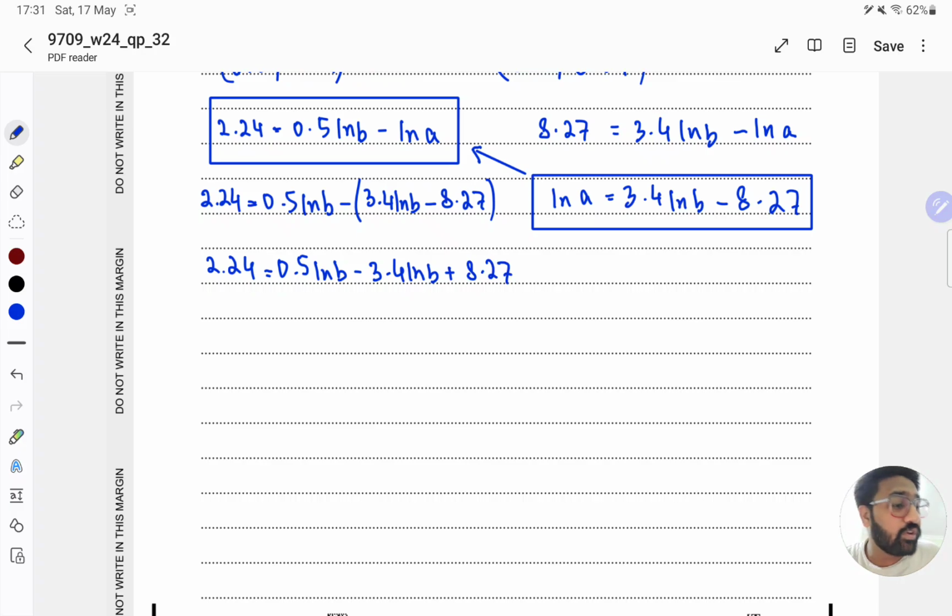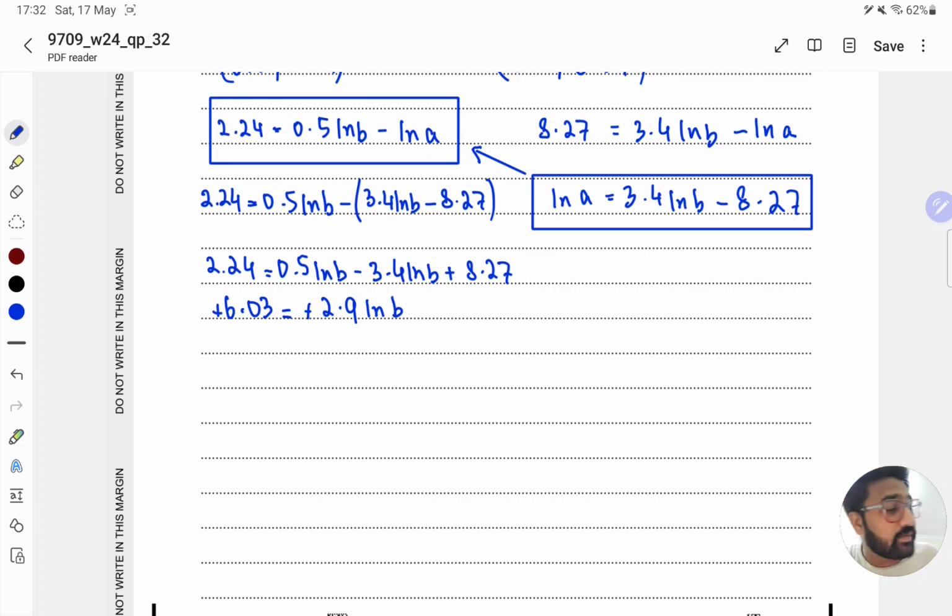So collecting like terms, 2.24 minus 8.27 is going to give me minus 6.03, and on the right side it will be 0.5 minus 3.4, because they are also like terms, minus 2.9 ln b. Negative and negative both will cancel out.